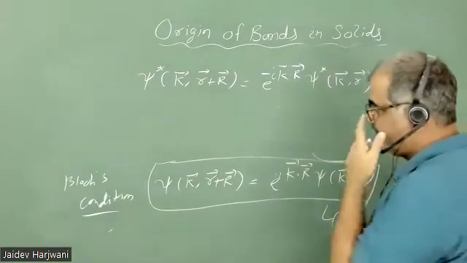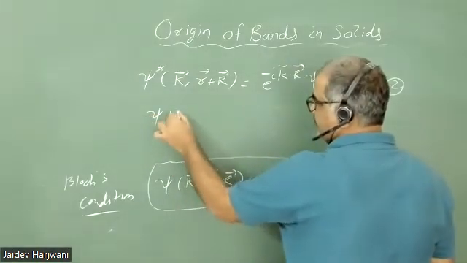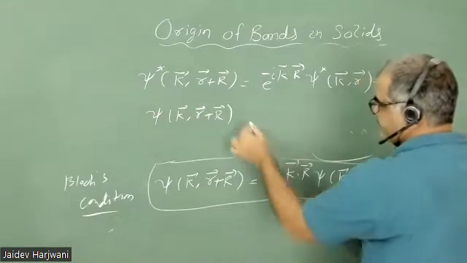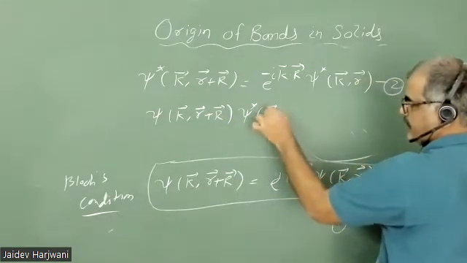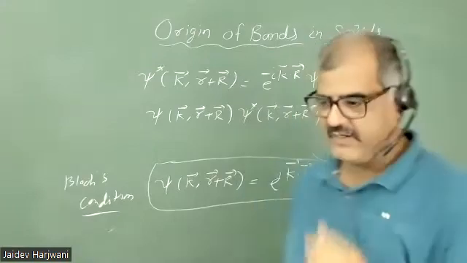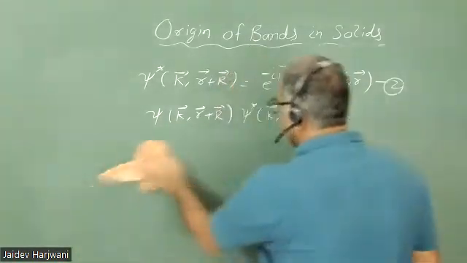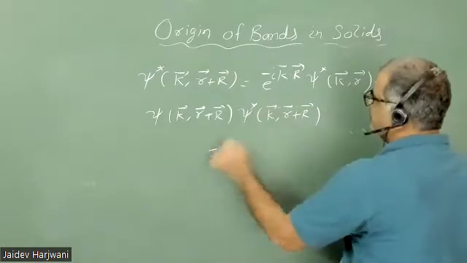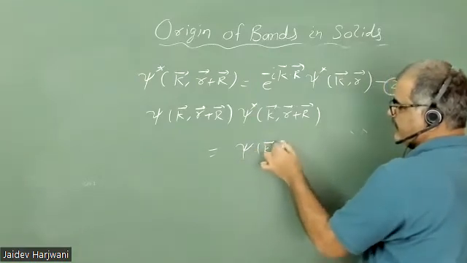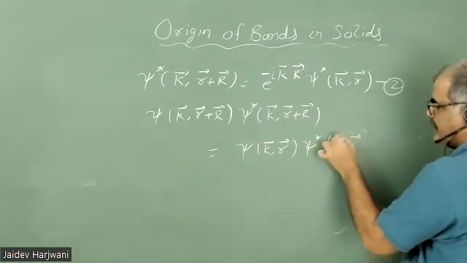Now if I multiply these equations, if I calculate the probability, psi_k(r + R) into psi star_k(r + R), and solve it, the exponential terms will cancel out, so I will just get psi_k(r) and psi star_k(r).